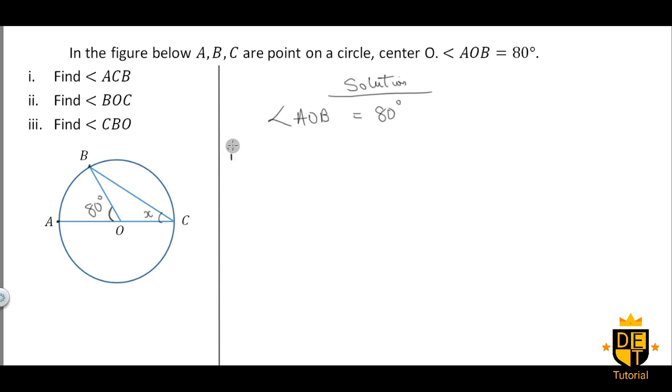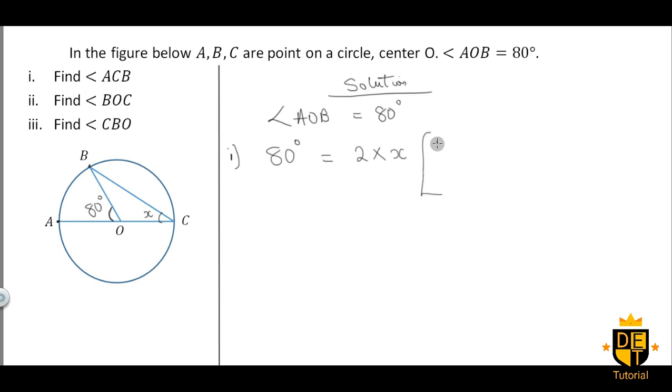So we are asked to find angle ACB. You should know that your angle AOB, which is 80 degrees, is the angle at the center. Your angle at the center is equal to 2 times the angle at the circumference, which is X, your angle ACB.